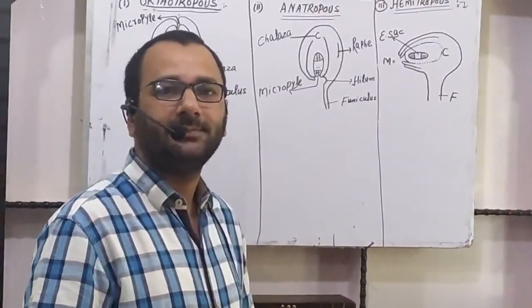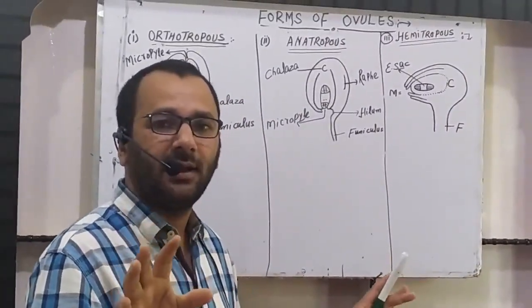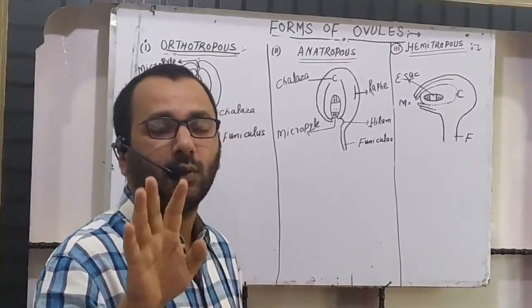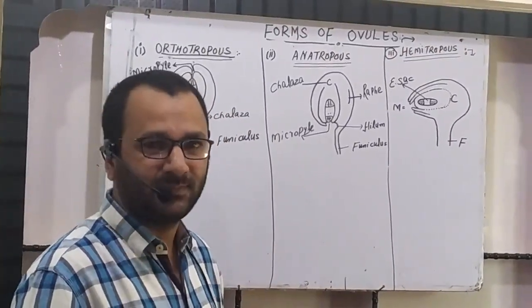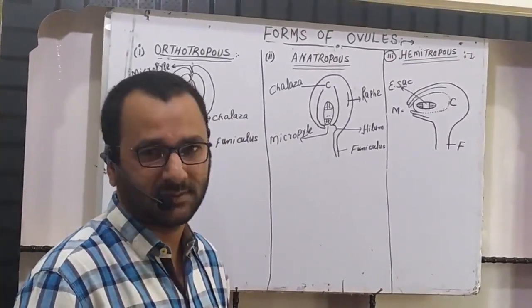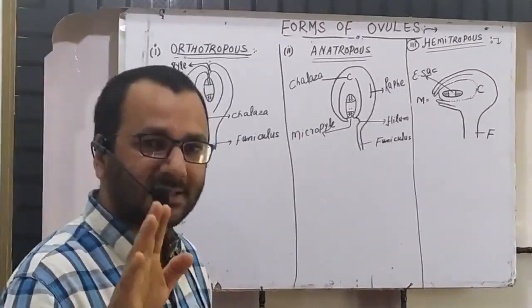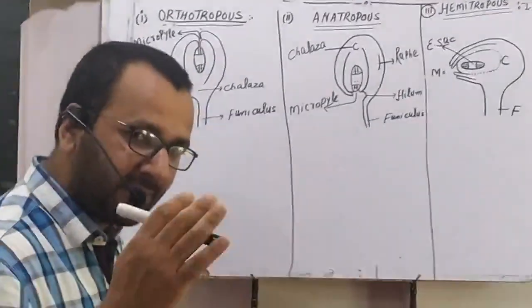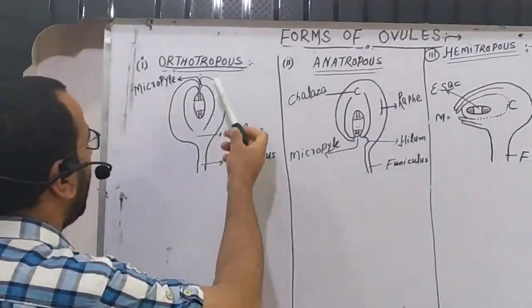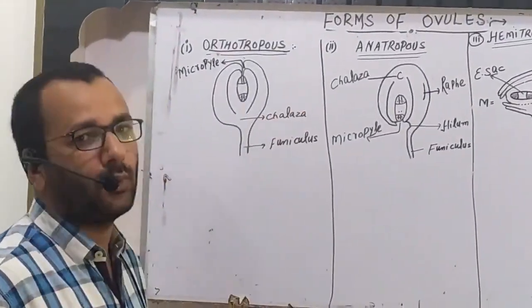Botanists have classified the ovules into 6 categories or 6 types or 6 forms. These 6 forms, we will discuss them one by one. Here we will take on the first type, that is orthotropous ovule.